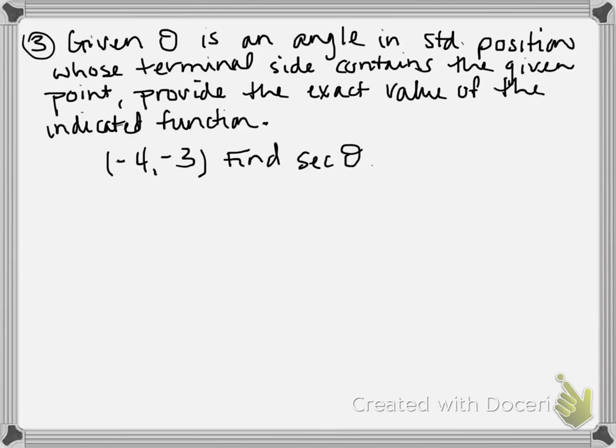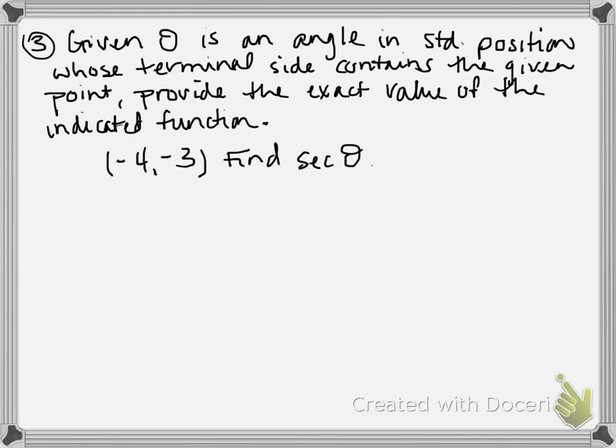So what I have here is an angle in standard position, and the terminal side of the angle contains the point (-4, -3). And I'm asked to find the secant of this angle.